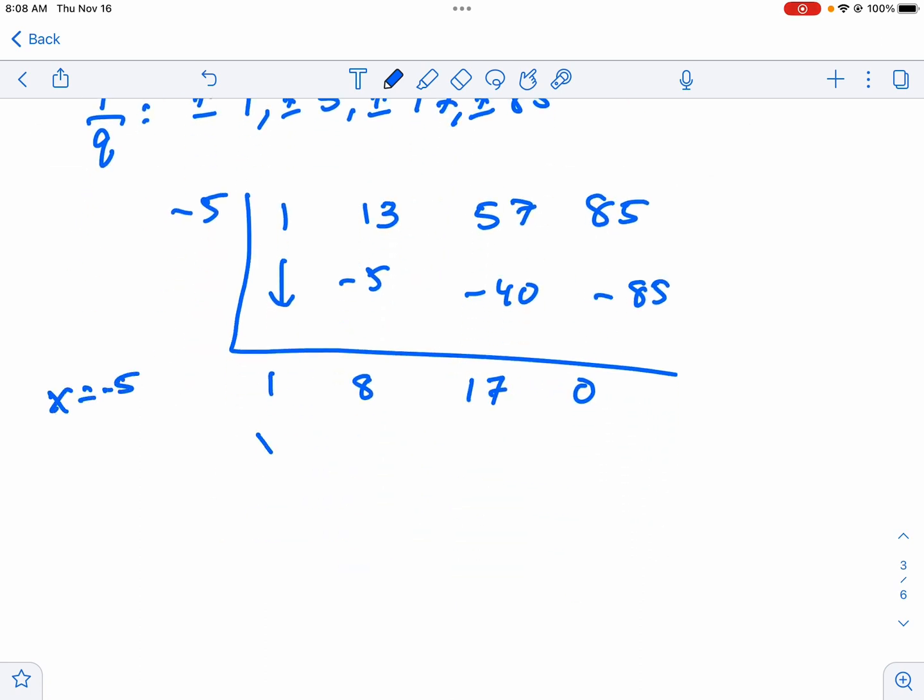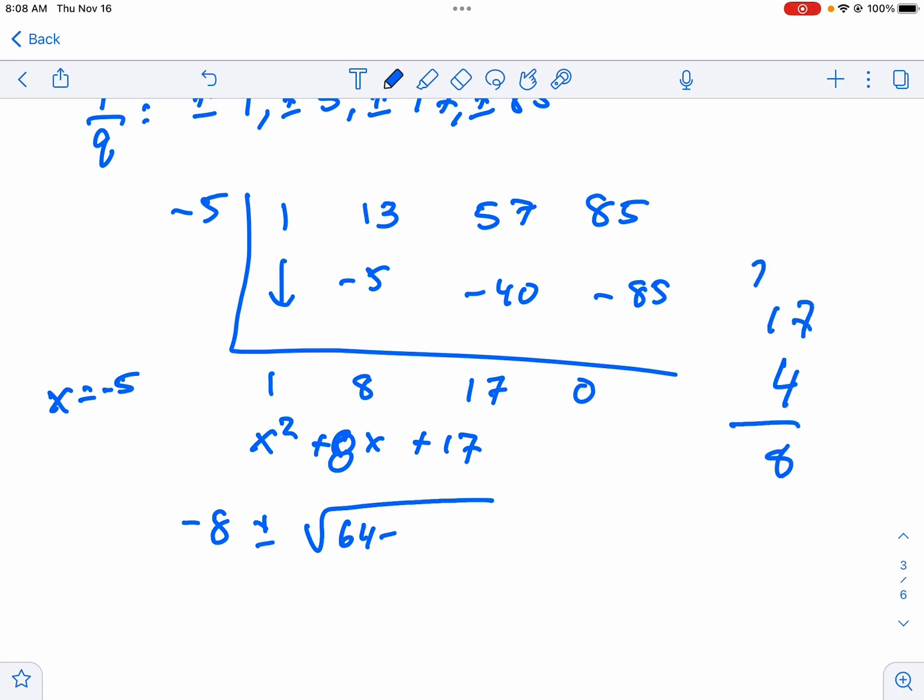The other roots, using the quadratic formula, you get negative 8 plus minus the square root of 64 minus 4 times 1 times 17. 4 times 17 is 68.